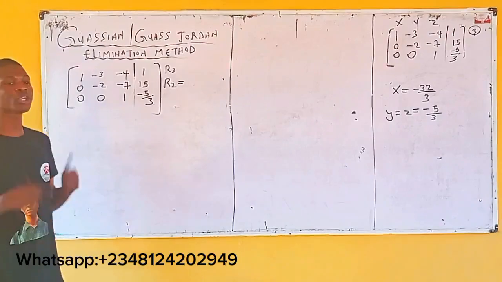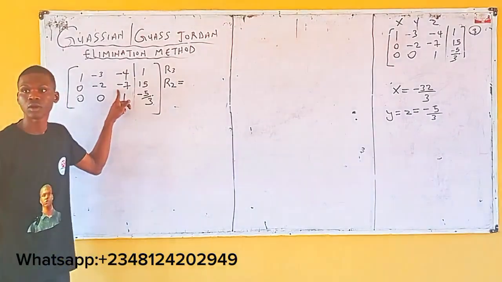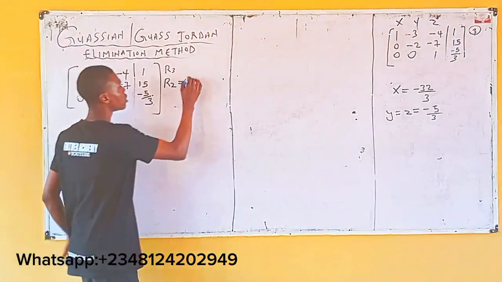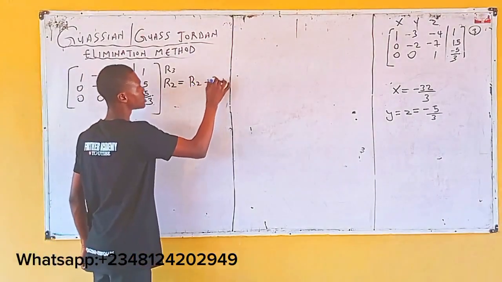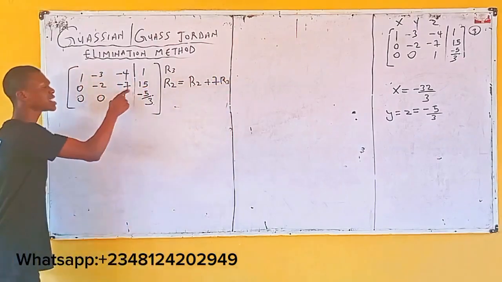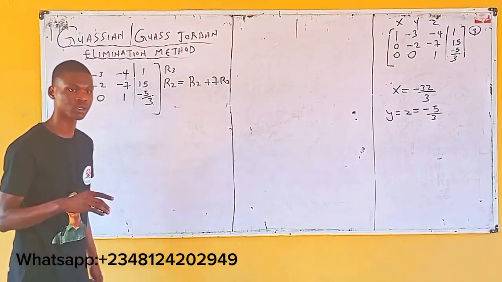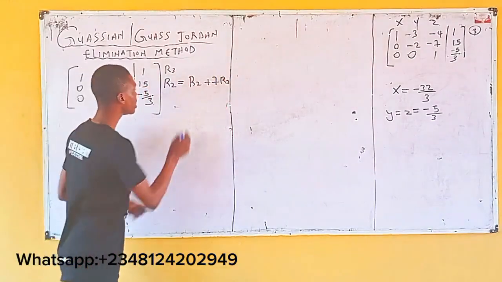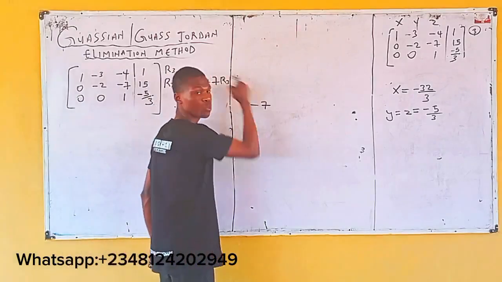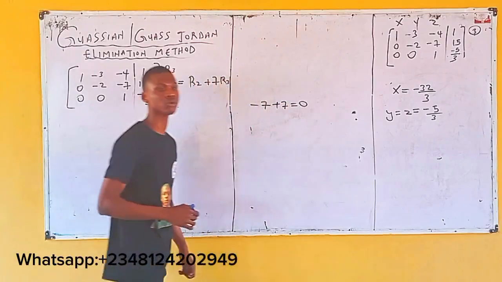What will be your new row 2? Row 2 plus 7 row 3. Yeah, that's correct. Because before this negative 7 can change to 0, you need 7 to be added. Meaning negative 7, which is the number that is there before, plus 7 will give you 0.